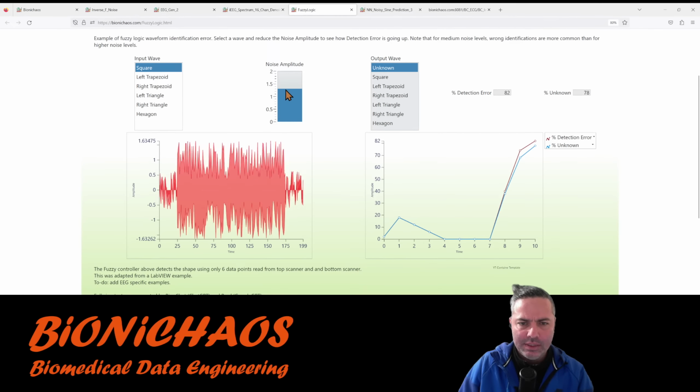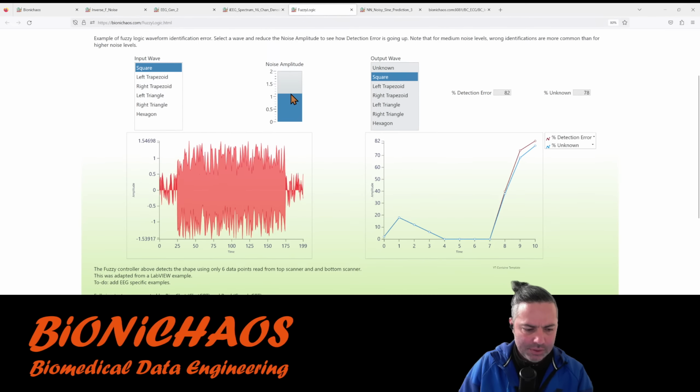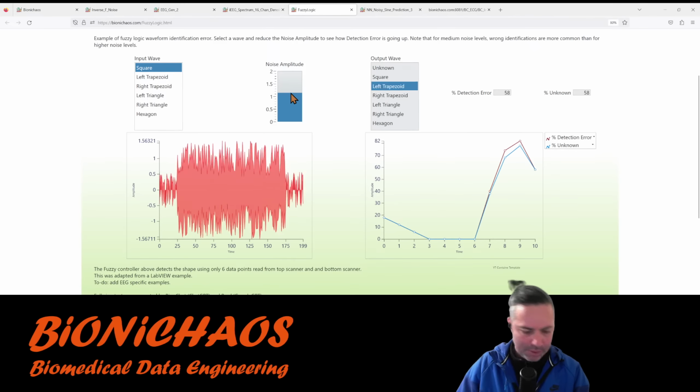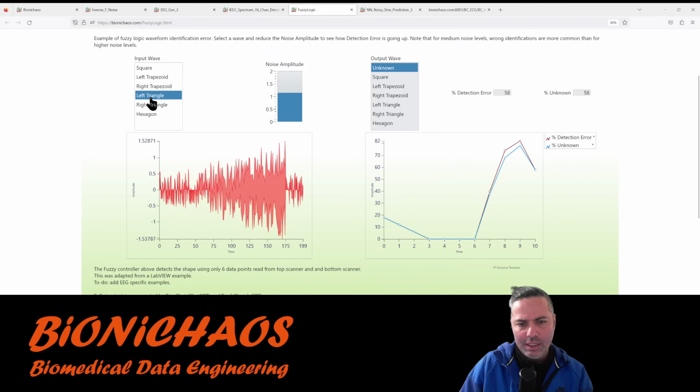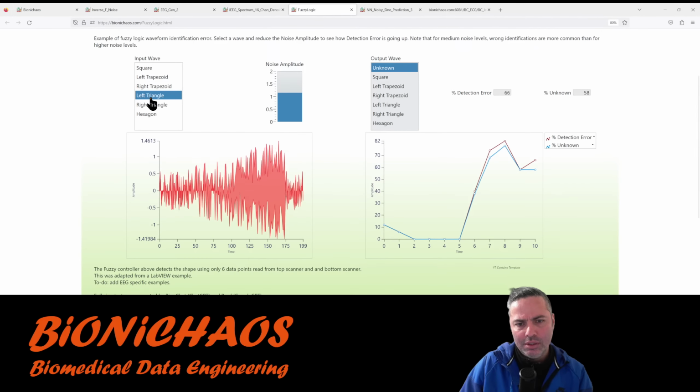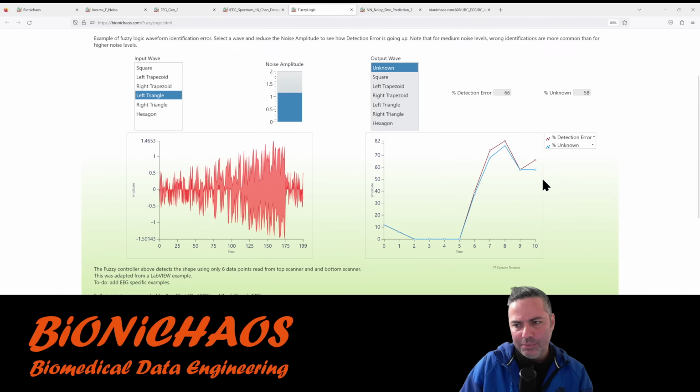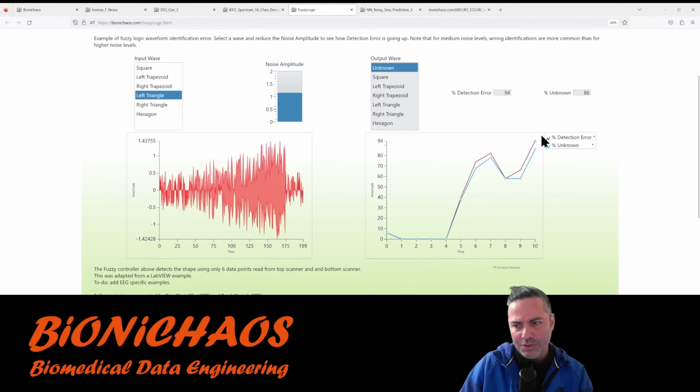I was saying before that this signal, the square, for whatever reason, well, I guess you could explain why, is easier to detect than, say, a left triangle. So with the left triangle, this thing will jump up.